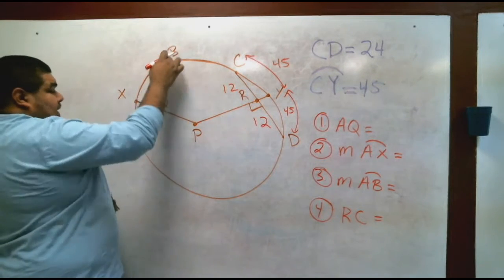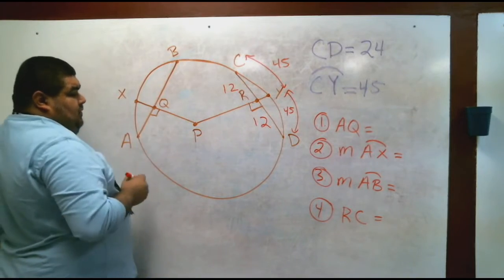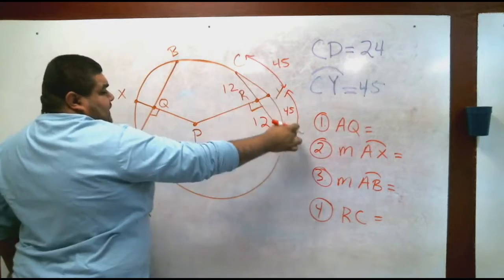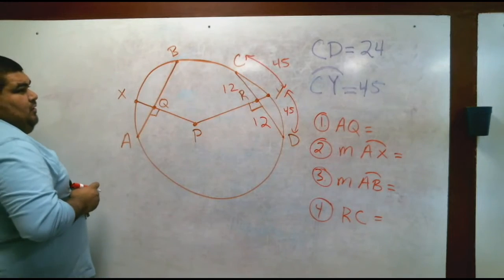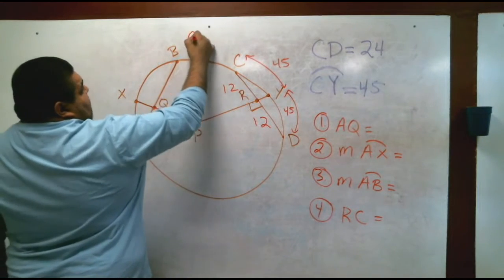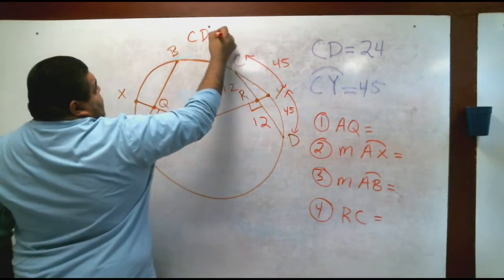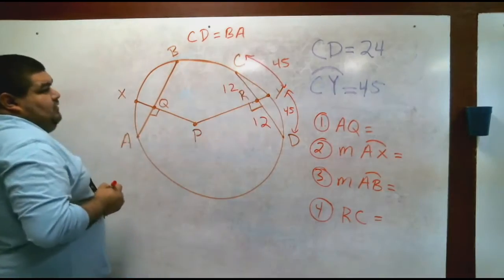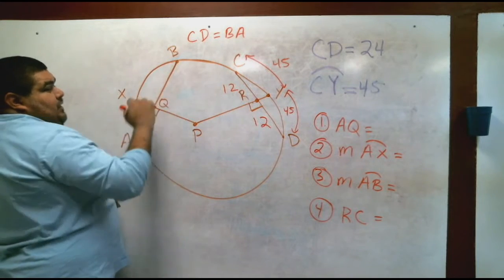Therefore, BA also equals 24, since CD equals 24. Because CD is congruent to BA. Okay? So therefore, QB is 12.